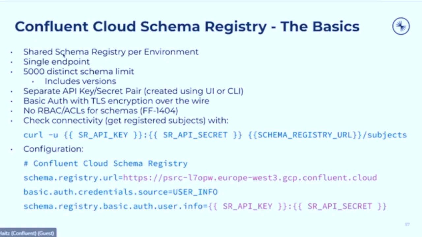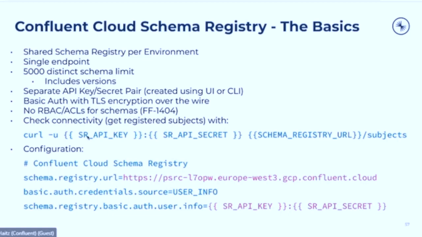The authentication for schema registry is based on a separate API key and secret that can be created by the UI or the CLI. Communication is encrypted, but crucially it's a separate API key and secret. We have the Kafka API key and secret and the schema registry API key and secret. And at the moment there is no access restriction for schema registry, meaning there's no RBAC for schema registry or ACLs for schema registry.